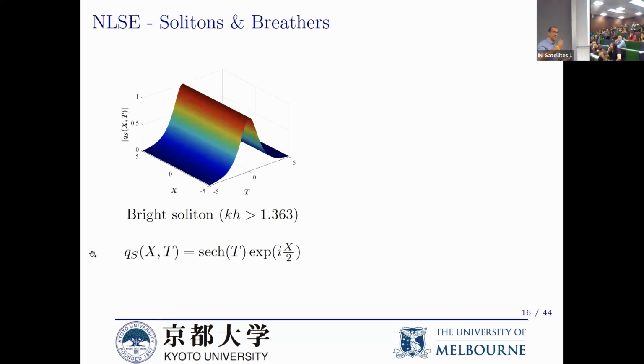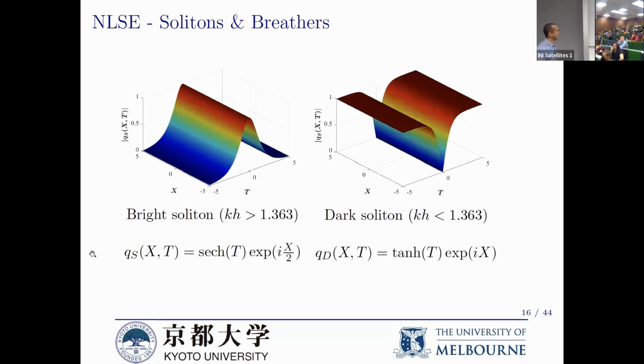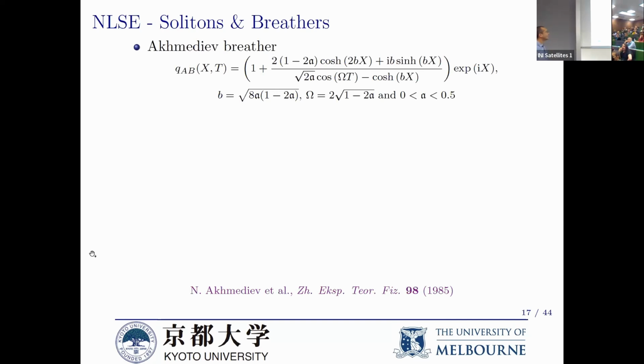In the optical experiments, oscillations are so fast that we can measure the wave envelope directly, which we can't. But I'm going to show you later some straightforward tricks for how to do that. And interestingly, if you look at the defocusing case, when the dimensionless depth is smaller than 1.363, we have the so-called dark solitons. Actually, Dimitri mentioned this already.